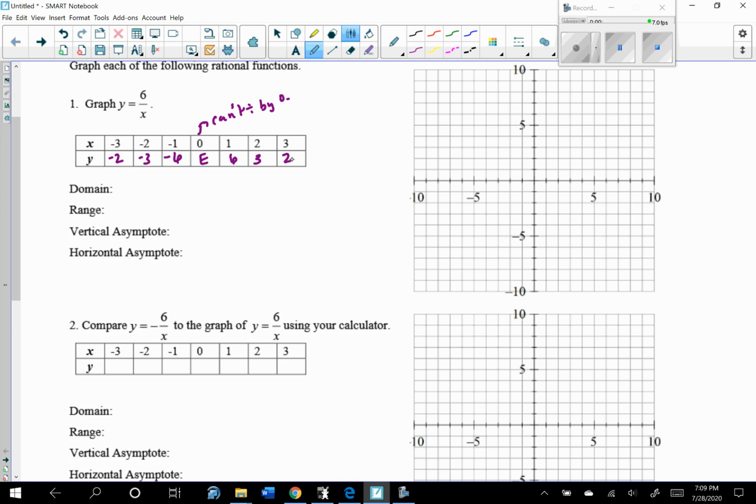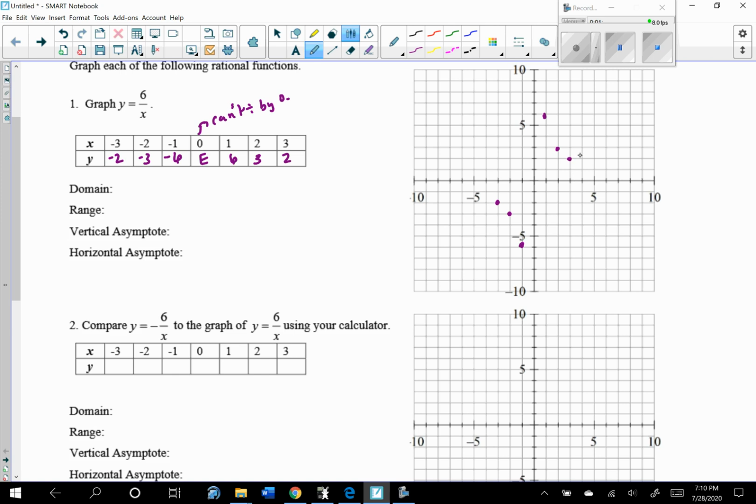So if we are graphing this, we have the points -3, -2, -2, -3, -1, -6. And on this side we have 1, 6, 2, 3, and 3, 2.